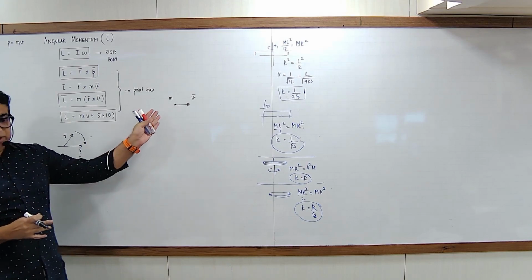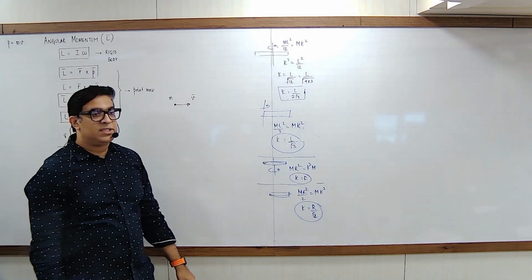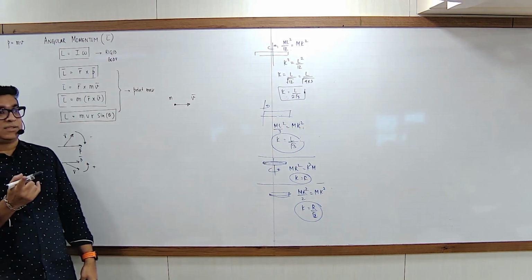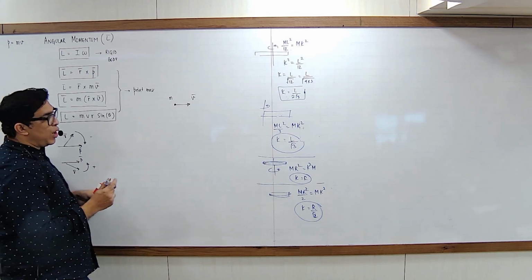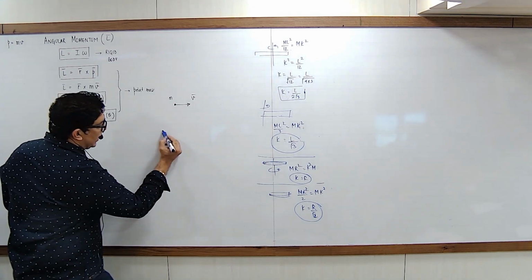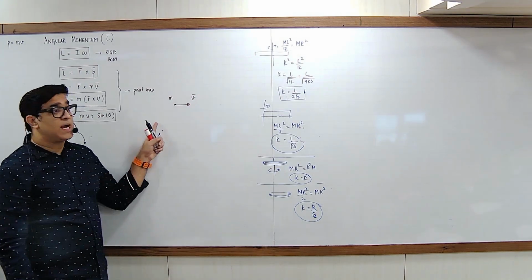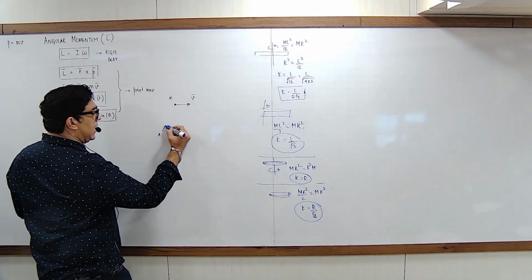Yes, you have to look here because this is important to understand. There is a particle moving in a straight line. Is there an angular motion associated with it? Yes. Why? Imagine you are looking at this body from this point A. This body is going straight, and you are looking from A. So you join A to that point.